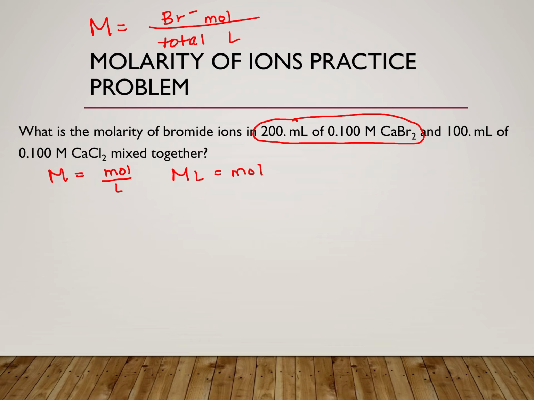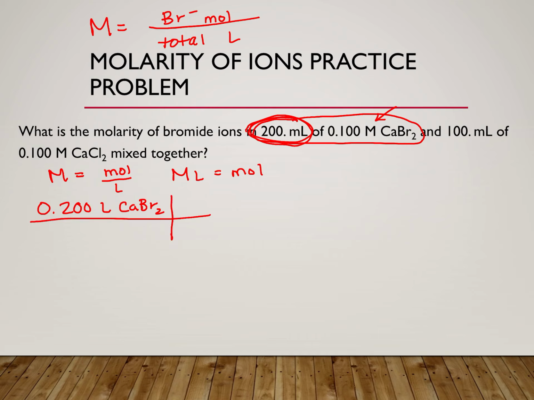So we're going to start with our volume here, because that is not a conversion factor. We know our molarity is our conversion factor, so we're not going to start with that. We're going to start with our volume. So I'm going to change those milliliters into liters, and we're going to use 0.200 liters of calcium bromide.